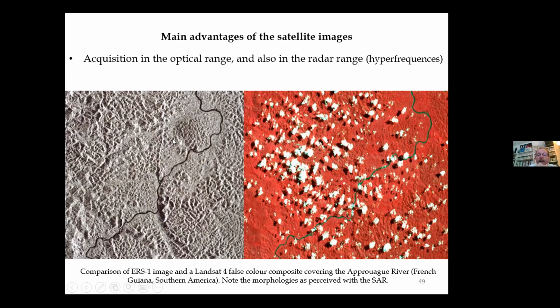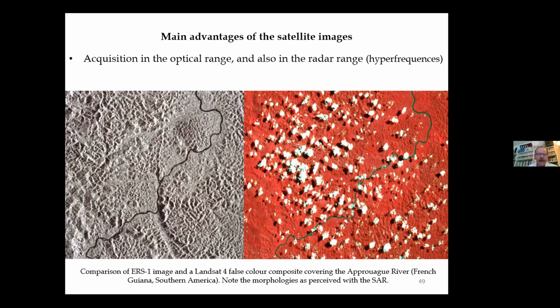You here can also recognize a rounded shape. You see, it's quite impossible to distinguish in the optical data. It corresponds to a small, what we call in geology, a batholith. It is granite, a small granite spot here.